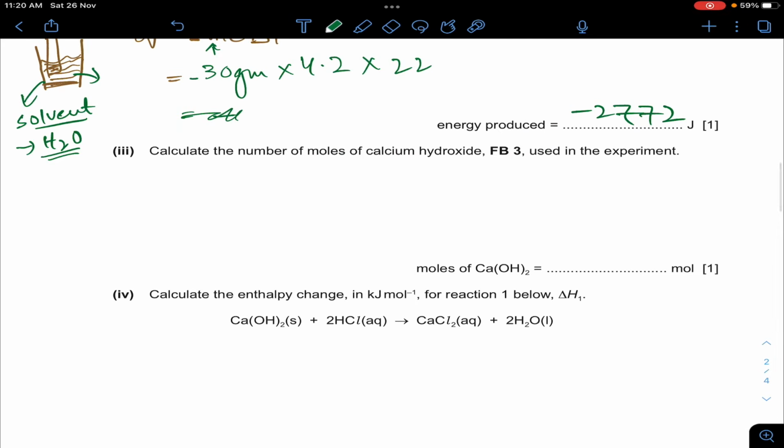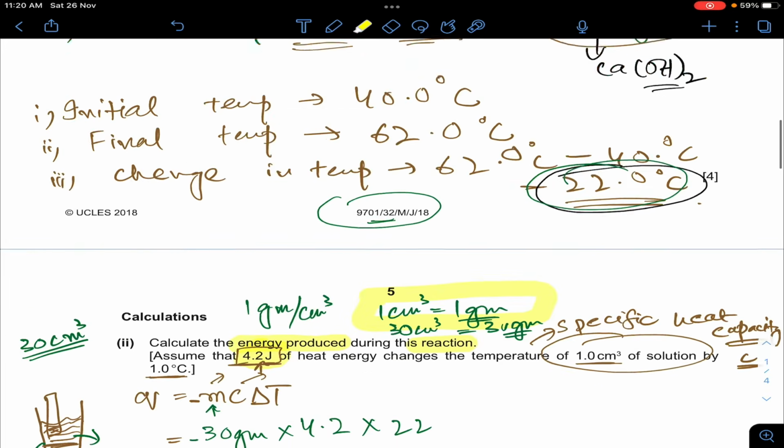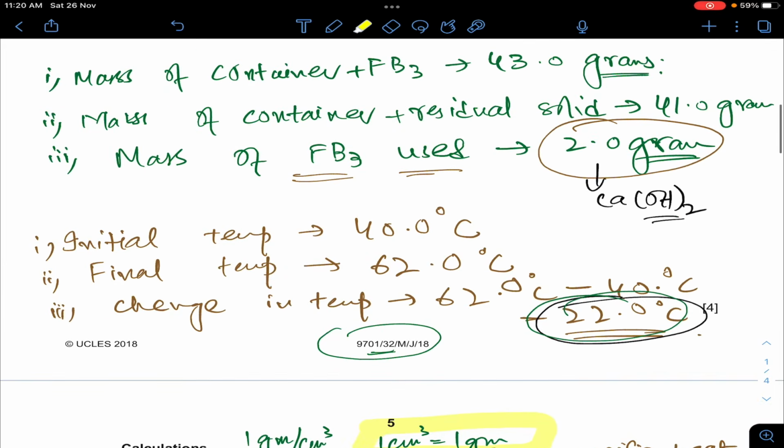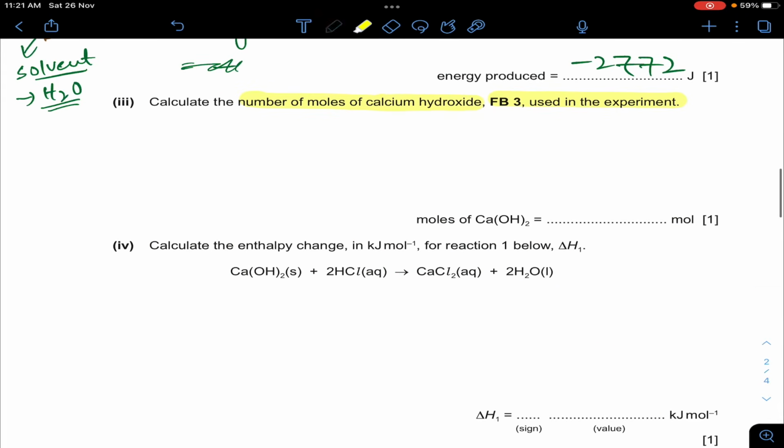Now the next part of the question is: calculate the number of moles of calcium hydroxide, FB3, used in the experiment. So for moles of calcium hydroxide, we have the mass of calcium hydroxide. We have used 2 grams of calcium hydroxide, so we have to convert mass into moles.